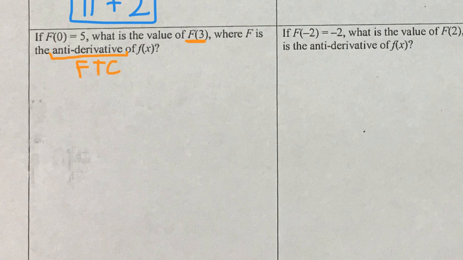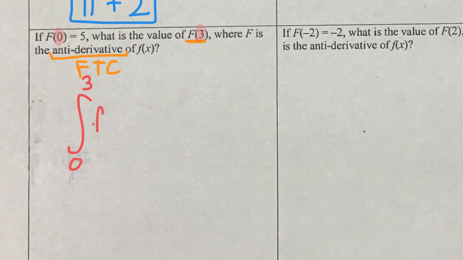We're going to try and make an integral from our specific values. I notice one of our x values is 0, and our other x value we're looking for is 3. So it might make some sense if we take the integral from 0 to 3.